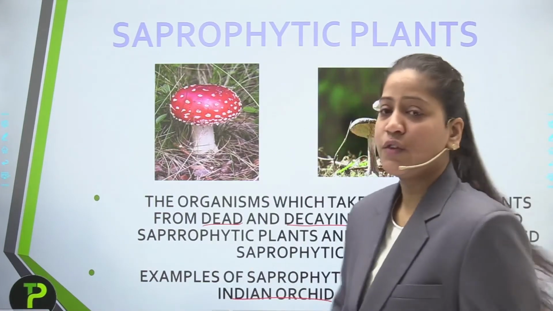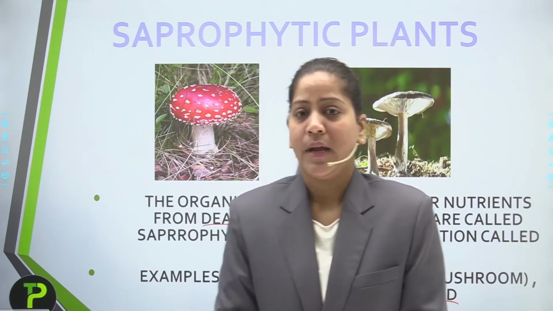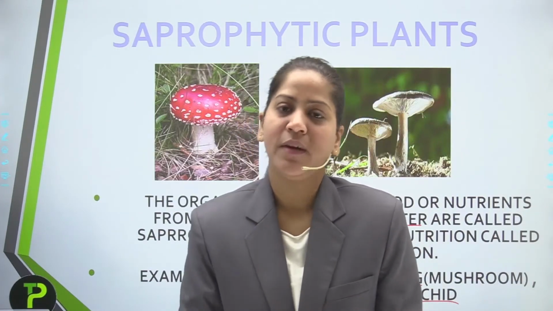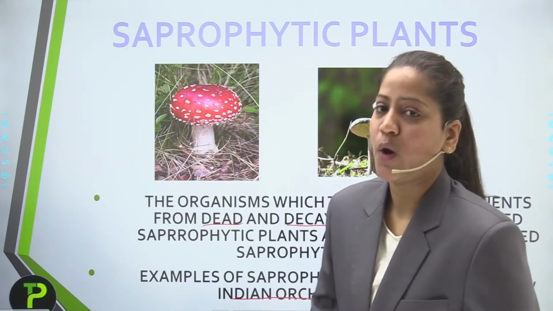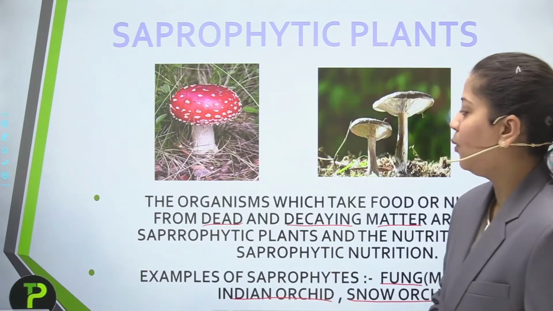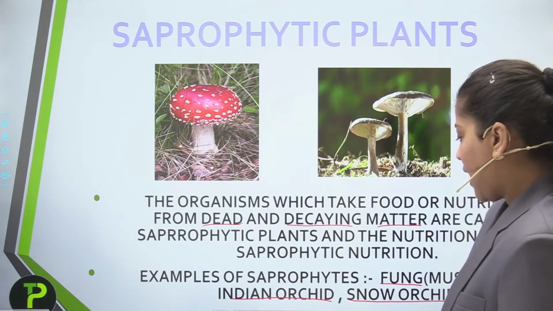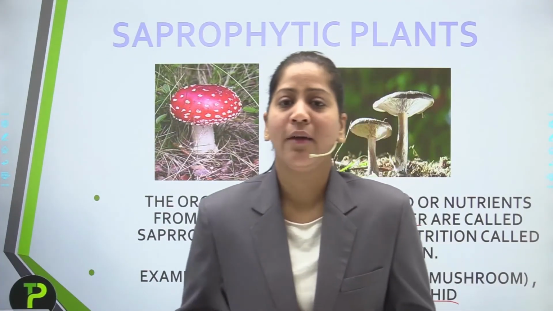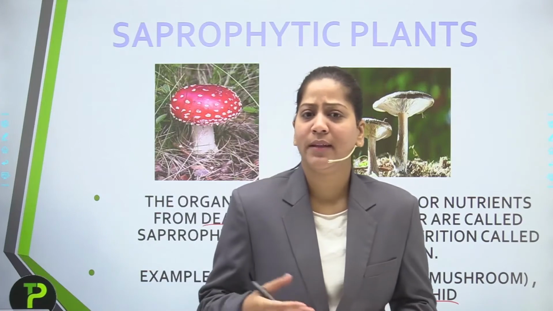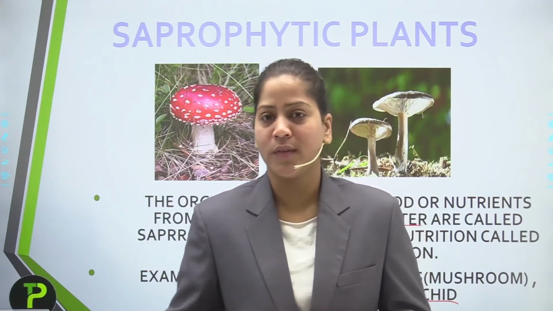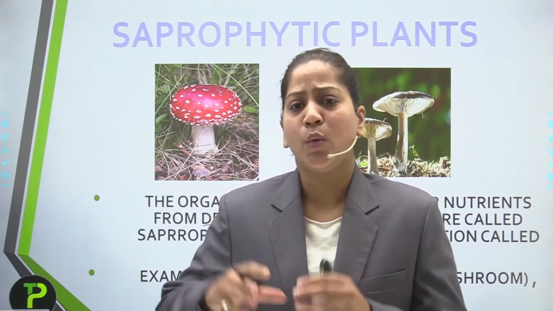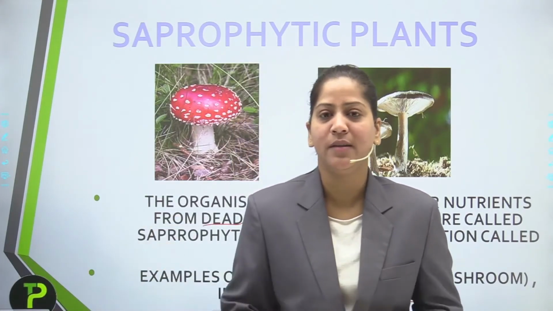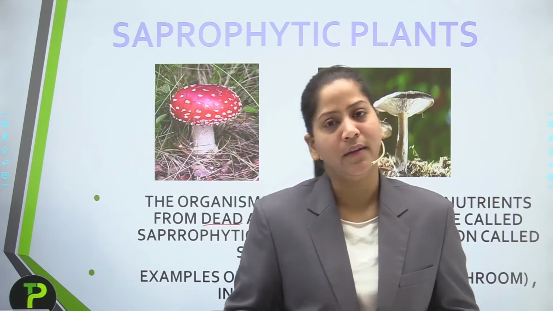Fungi, which are commonly known as mushrooms, Indian orchid and snow orchid are some examples of saprophytic plants. These plants do not have chlorophyll, so they cannot make their own food by the process of photosynthesis. Thus, they are totally dependent on other organisms, plants or animals, to get their nutrients.